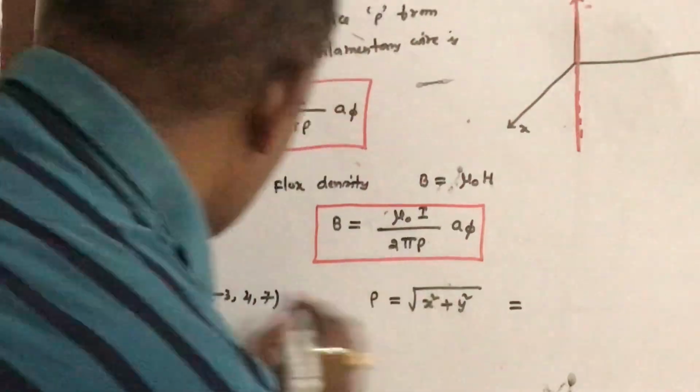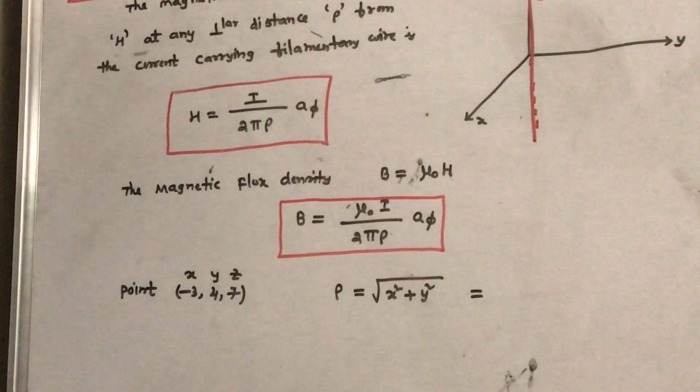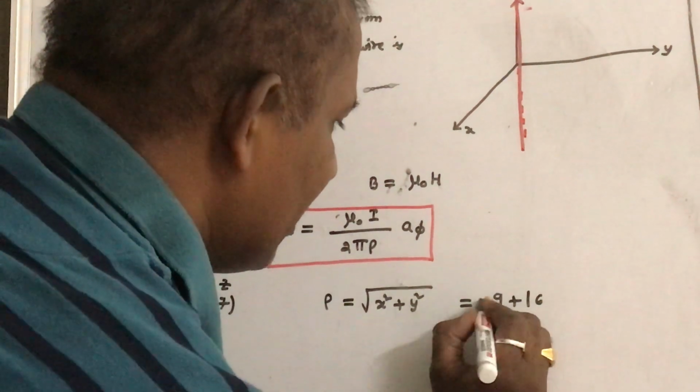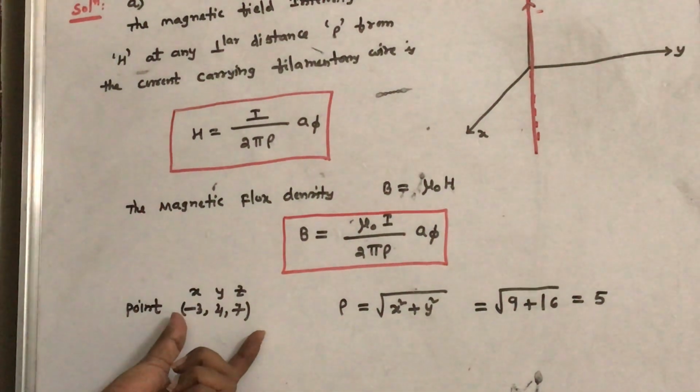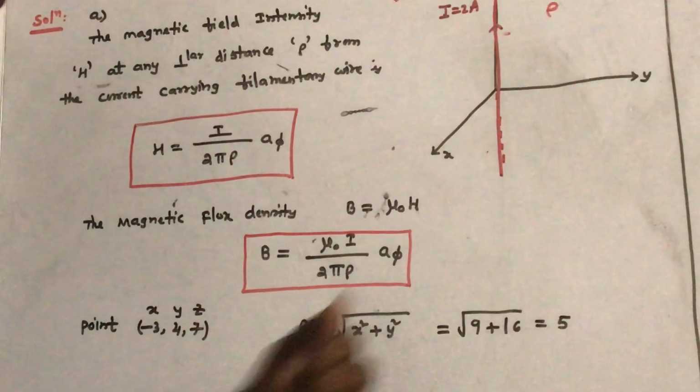So the perpendicular distance from the z axis is the square root of 9 plus 16, which is equal to 5. This is the formula for calculating rho from x, y, z.